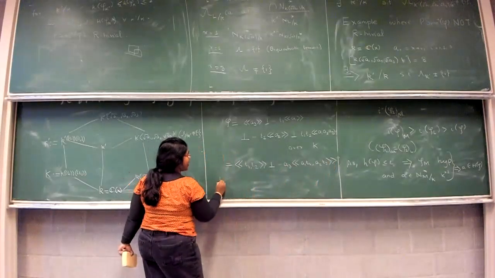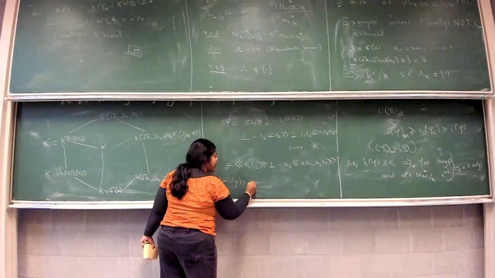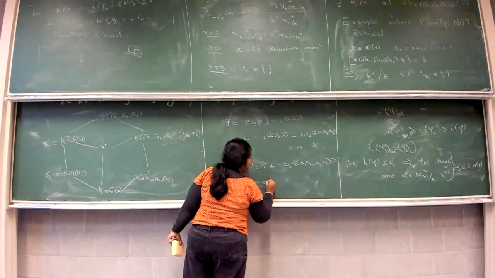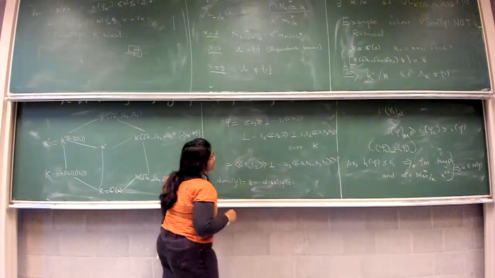So from here one can see that the dimension is 8 and the discriminant is trivial.